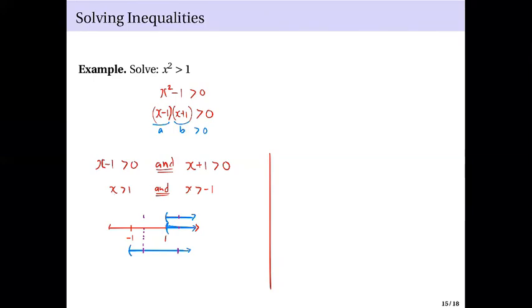But let us consider the other possibility. The other possibility is that both A and B are negative. So we have x minus 1 less than 0 and x plus 1 less than 0. If we calculate, we will have x less than 1 and x less than -1.